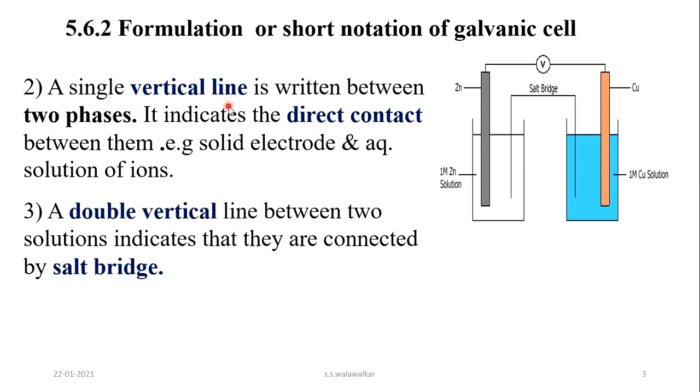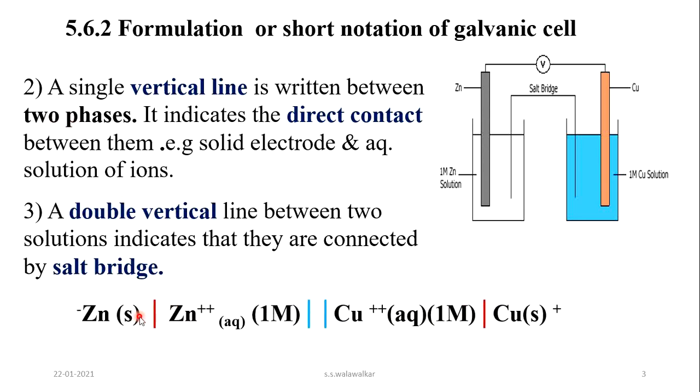See here, like this. Zinc rod is dipped in aqueous solution of zinc ion, and that is represented by a single vertical line. The direct contact between these two is represented by single vertical line.